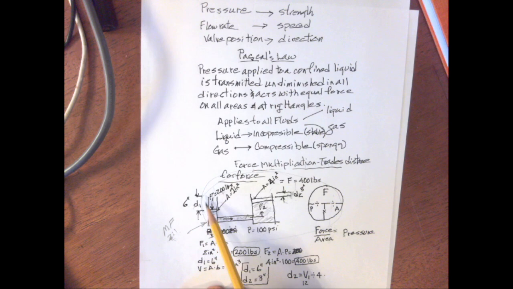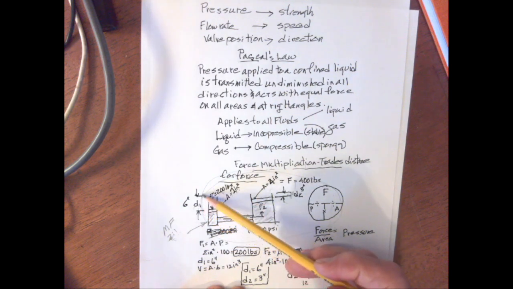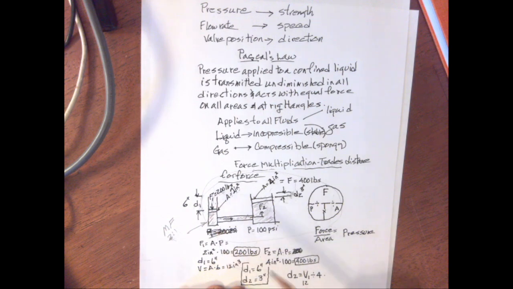Well, it's a cylinder, so you have to find the area first, and I'm saying it's 2 square inches. And to find volume, you take area and multiply it times height, or distance in this case. And that would give you volume.